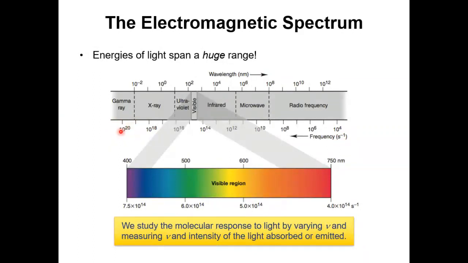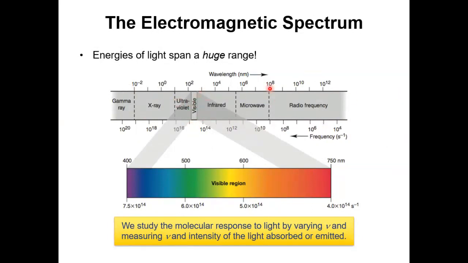10 to the 20th. In terms of a high frequency end, and a lower frequency end can be as low as 10 to the 4th order. So the frequency spans 16 orders of magnitude.